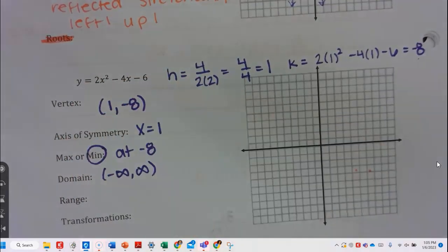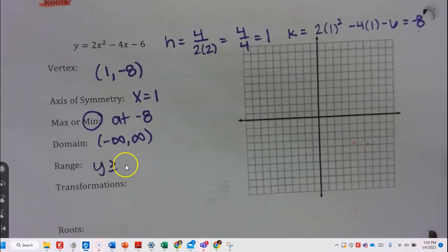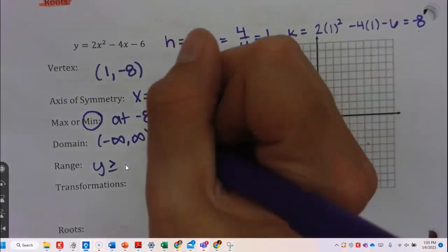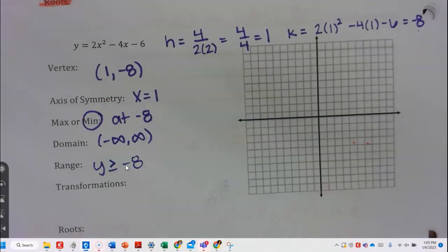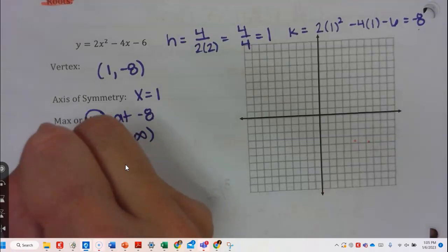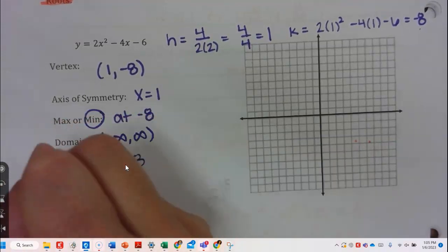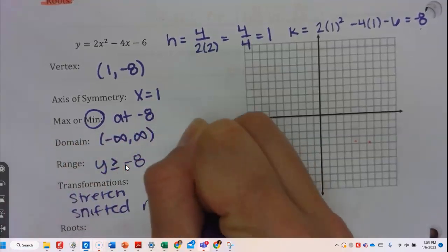My graph is open up, so my y values are greater than or equal to k, so they're going to be bigger than -8. An a value of 2 will stretch my graph, and then it is shifted right 1 and down 8.